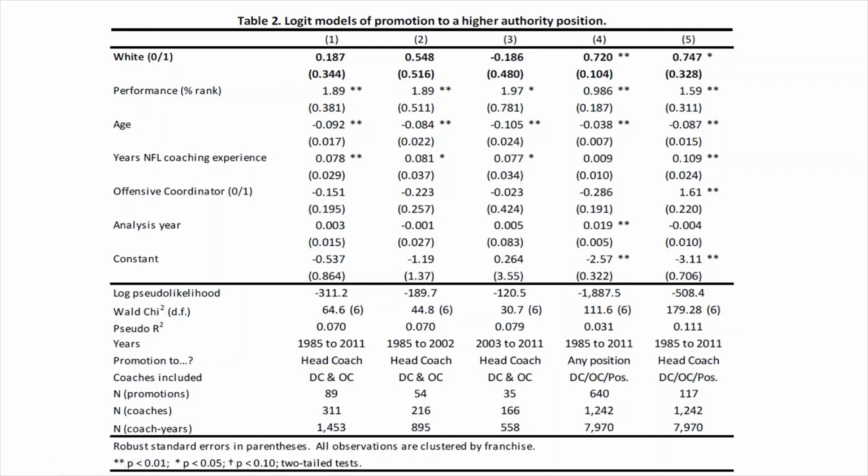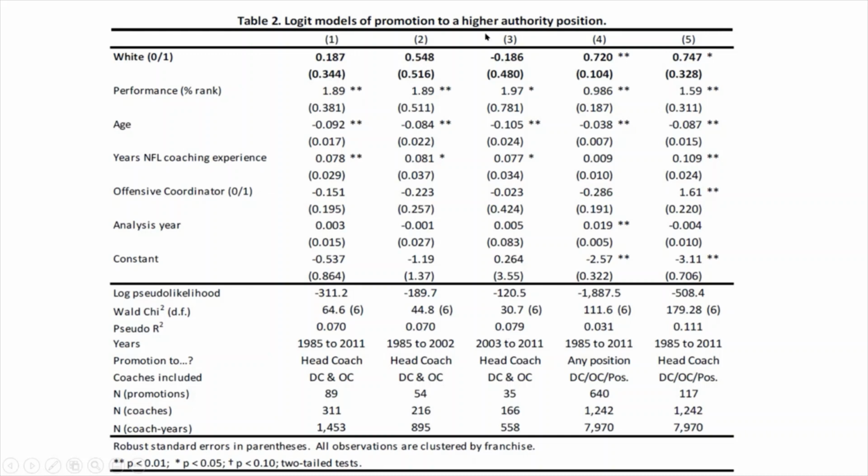Those are really just two different ways of saying the same thing. So we've got only our coordinators, offensive and defensive, and the increase in the probability that we see a white coach hired as a head coach, we get estimates of about 0.5 and negative 0.1 here.